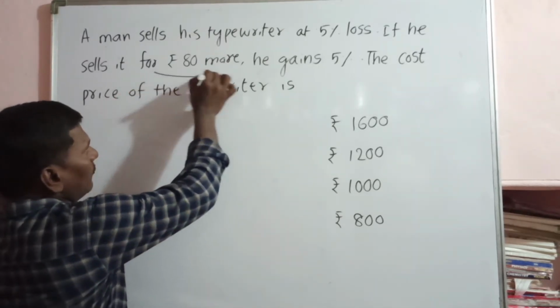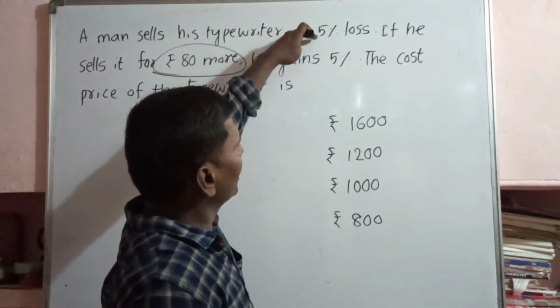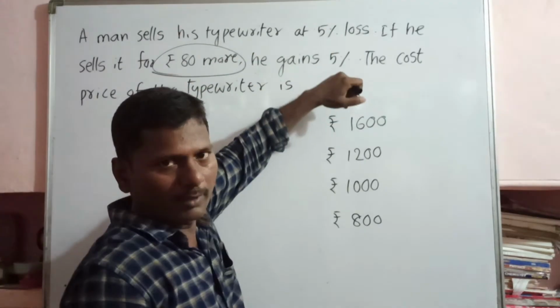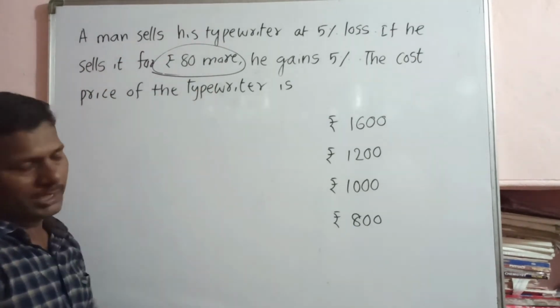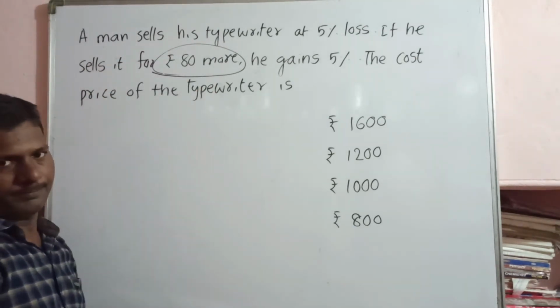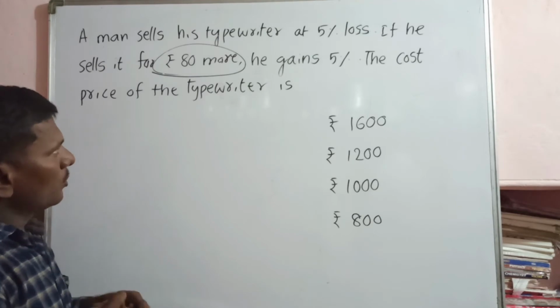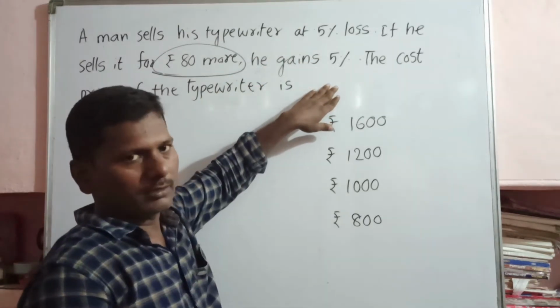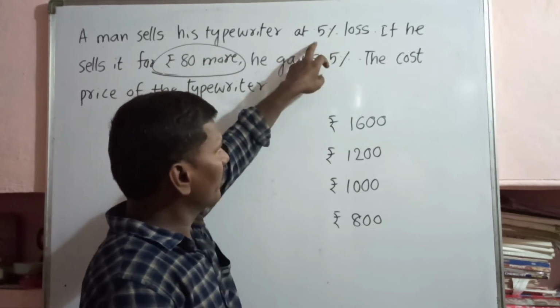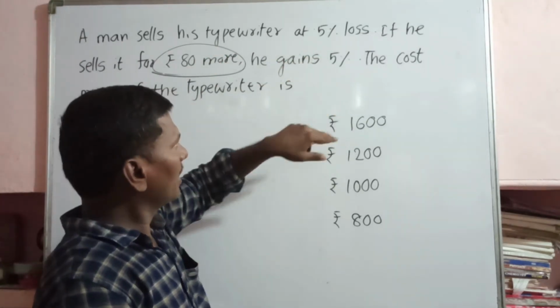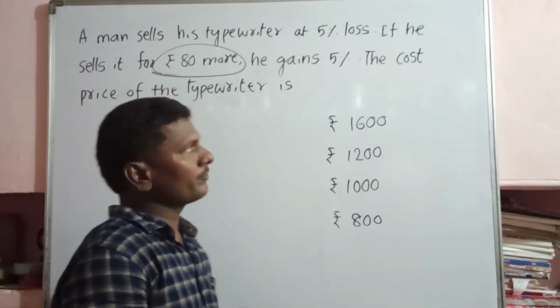In this question, you find two percentages, 5% loss, 5% gain, whatever they may be. Here 80 rupees more or 80 rupees less, like that you are given. Two percentages are given in one sentence. 5% loss is given, another condition 5% gain is given.